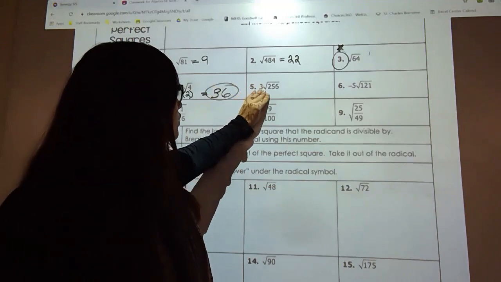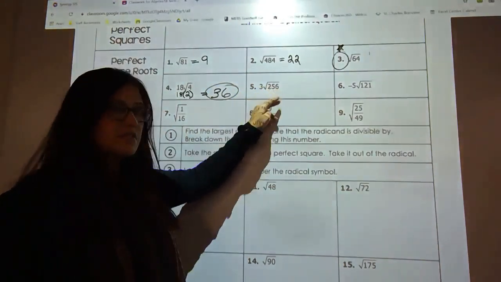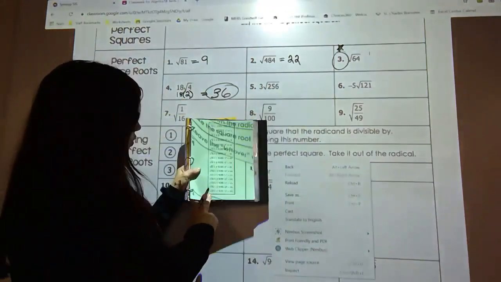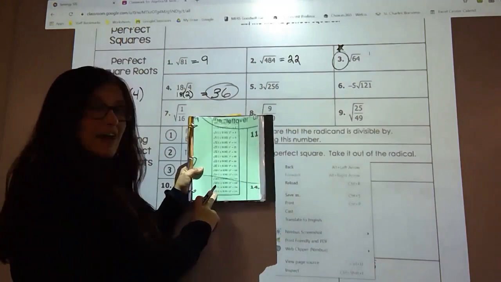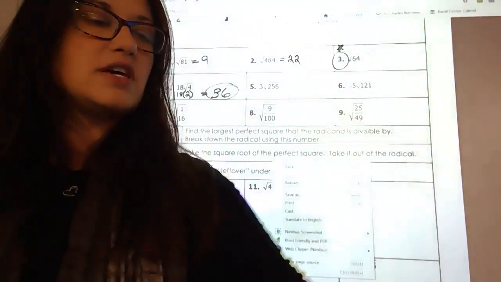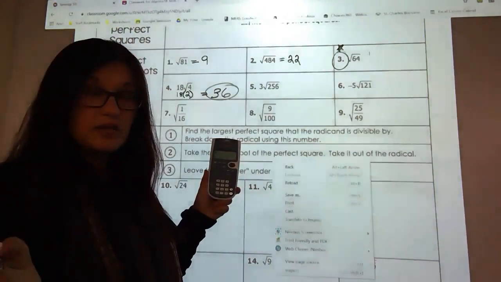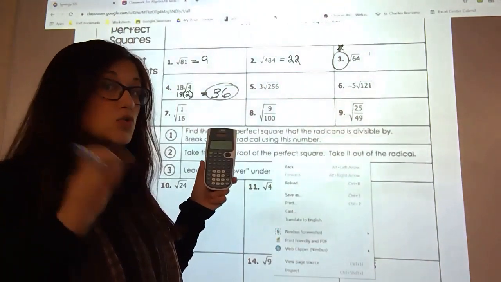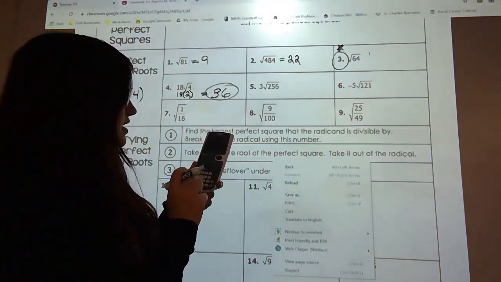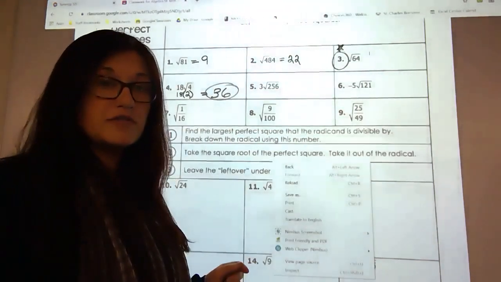Okay, 3 times the square root of 256. Looking back on our sheet, we have 225, that's as high as it goes. So what is the square root of 256? Well, just take your calculator. I know it's bigger than 15 because the square root of 225 is 15. Maybe it's 16. 16 times 16? Yep, 16 times 16 is 256.